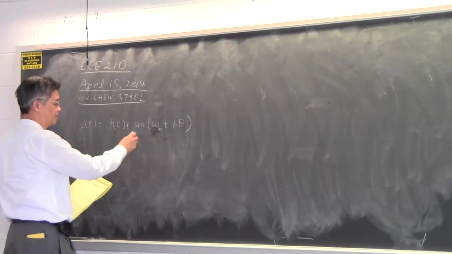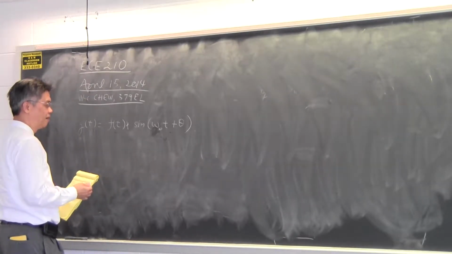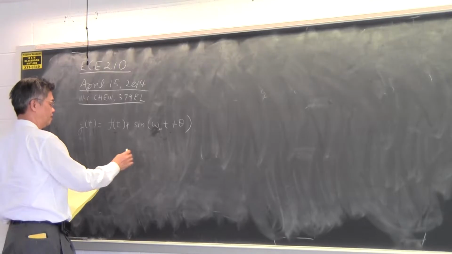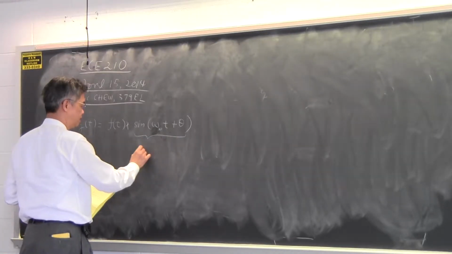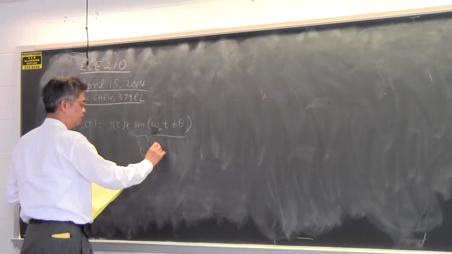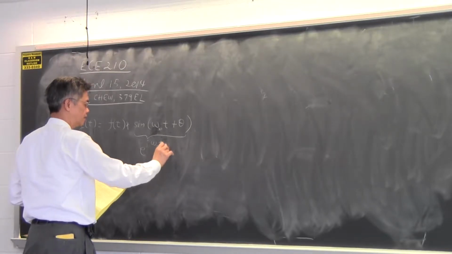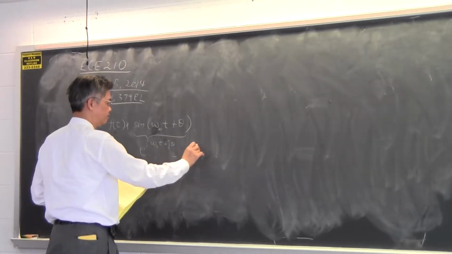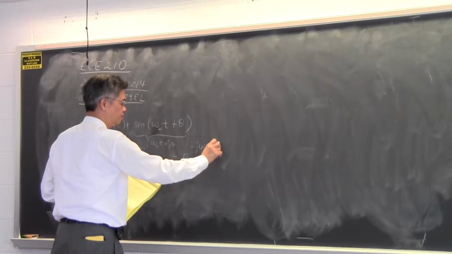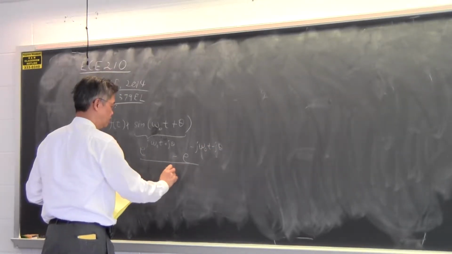One way is to use the sine identity and expand this out as two modulation signals. Another way is just to expand this as e to the j omega naught t plus j theta minus e to the minus j omega naught t minus j theta, over 2j.